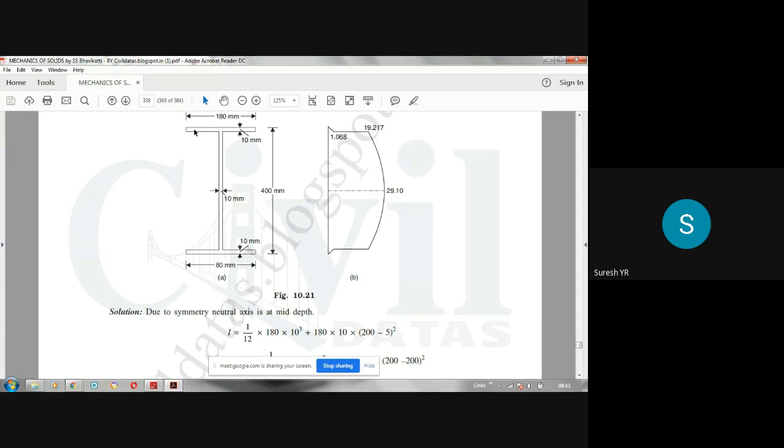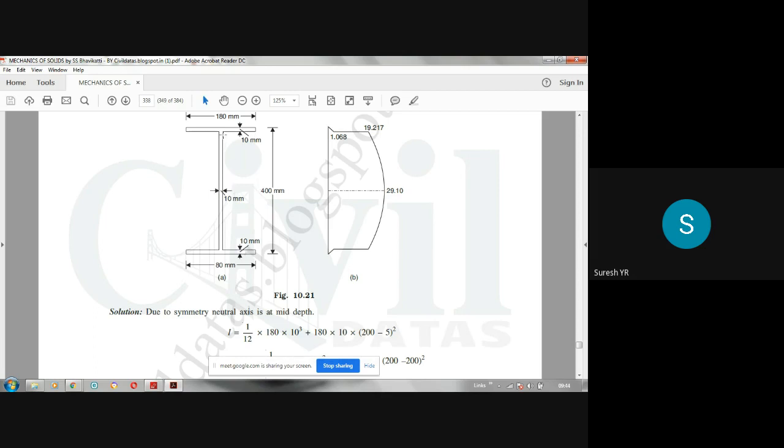So B D cube by 12 for this rectangle, where B is 180 and D is 10, the thickness, will be 180 into 10 cube divided by 12, plus the area of that rectangle, 180 into 10, into the square of the distance between the centroid of this rectangle and the neutral axis of this I section. The total distance is 200.